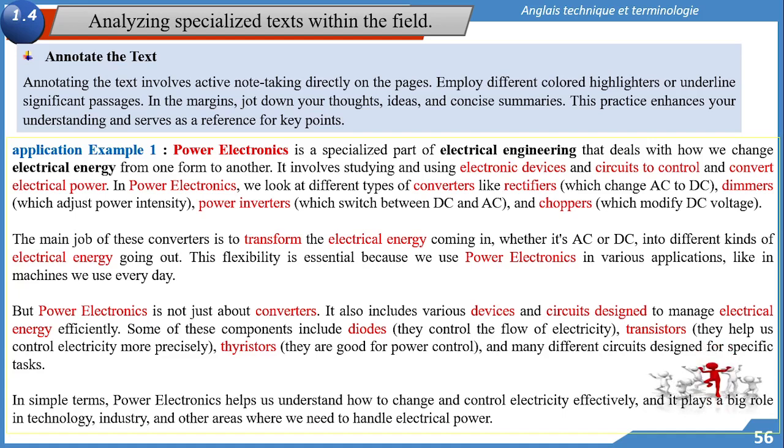Use different colors to highlight important parts. Write your thoughts and short summaries in the margin. This helps you remember key points. So highlight or underline key points like power electronics, converters, rectifiers, dimmers, power inverters and choppers.